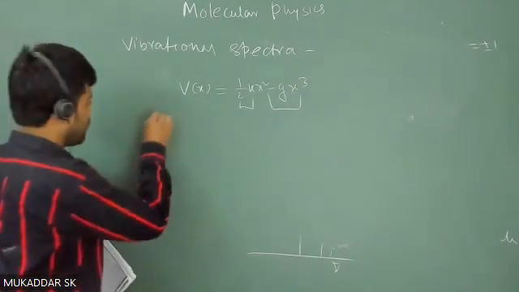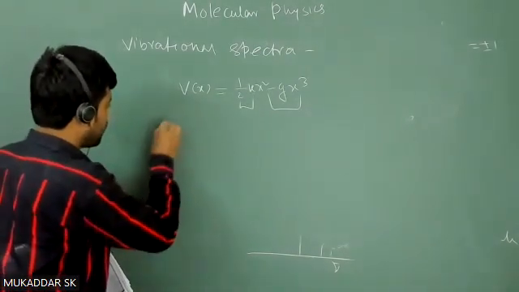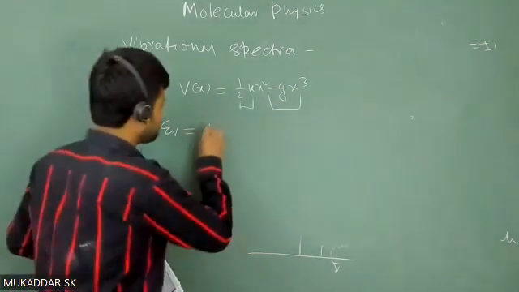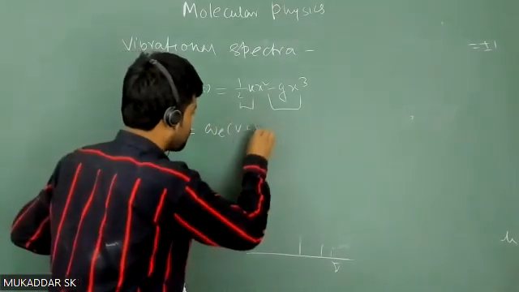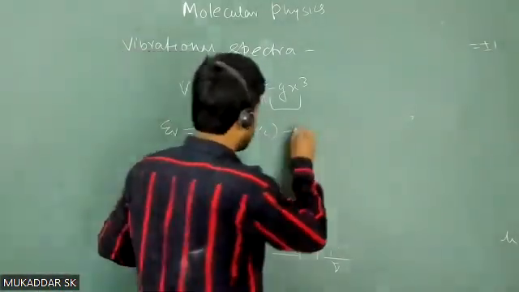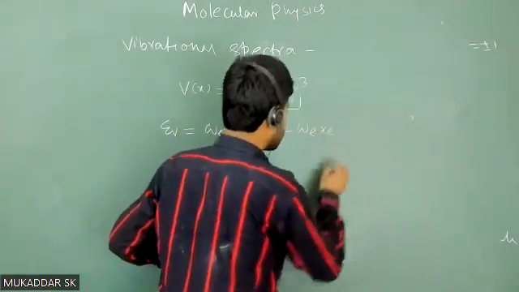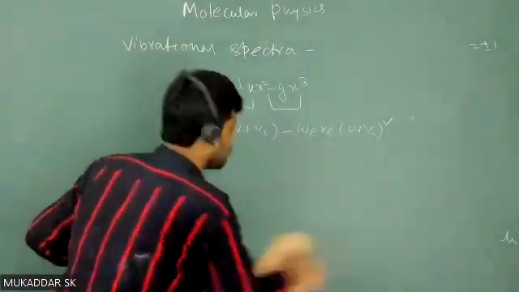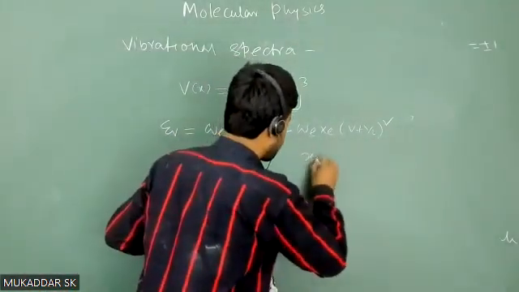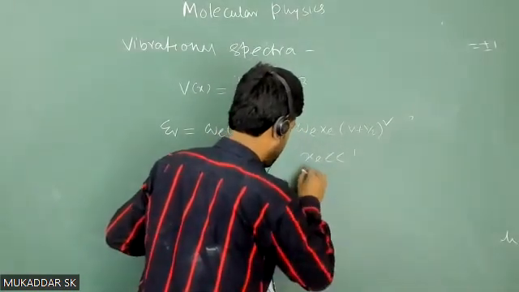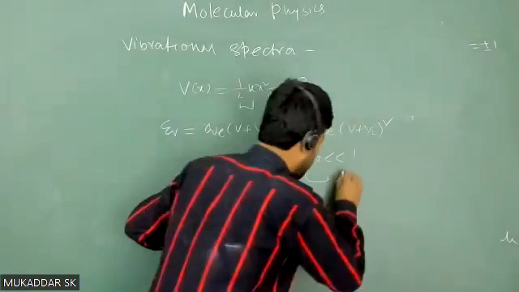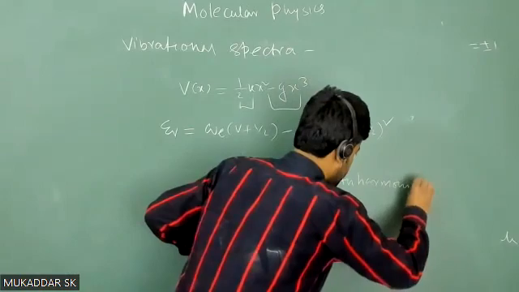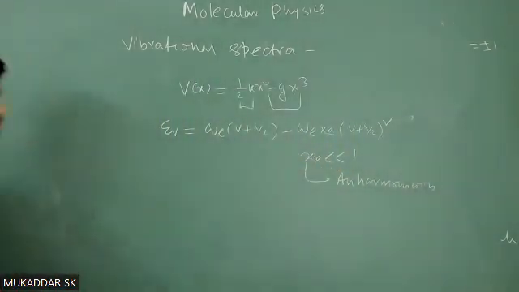And the energy associated with this anharmonic oscillator, if you write it directly in terms of wave number, will be omega e into v plus half, and then minus omega e xe into v plus half whole square, where xe is much smaller than 1, and this is called anharmonicity.